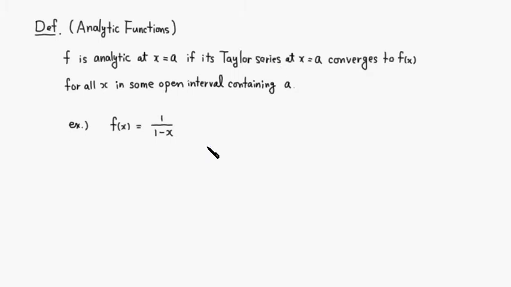Right, so let's look at this example. Let's say f of x is 1 over 1 minus x. So we know that this has a Maclaurin series, which is centered at x equals 0. So summation n goes from 0 to infinity and x to the n.